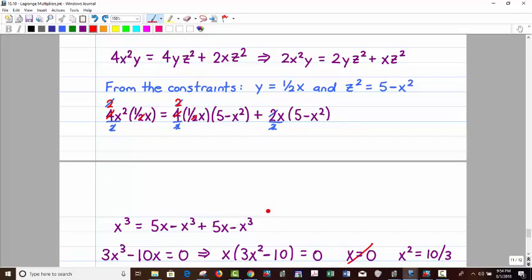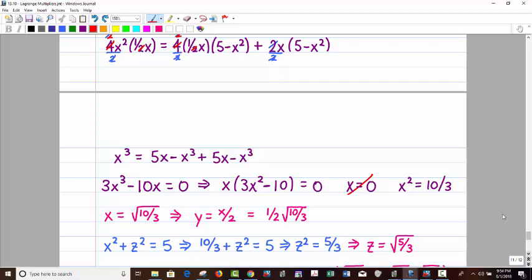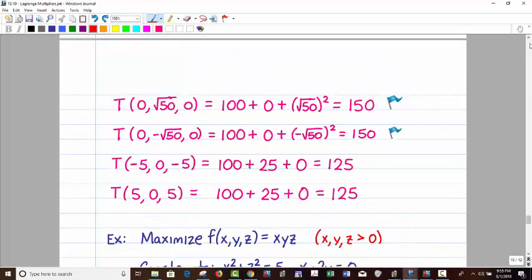And then just combine. Once you get to this point, it's not too bad, but figuring out how to get to this was messy. So I just combined the terms. I moved them over. I got 3x cubed minus 10x equals 0. I don't want to divide by x because I want to keep, maybe I do. Let's see. Oh, all right.